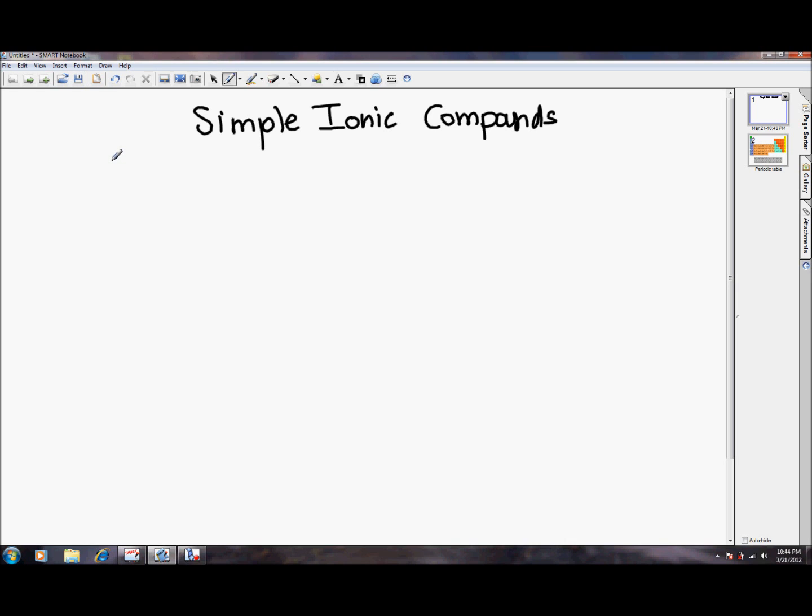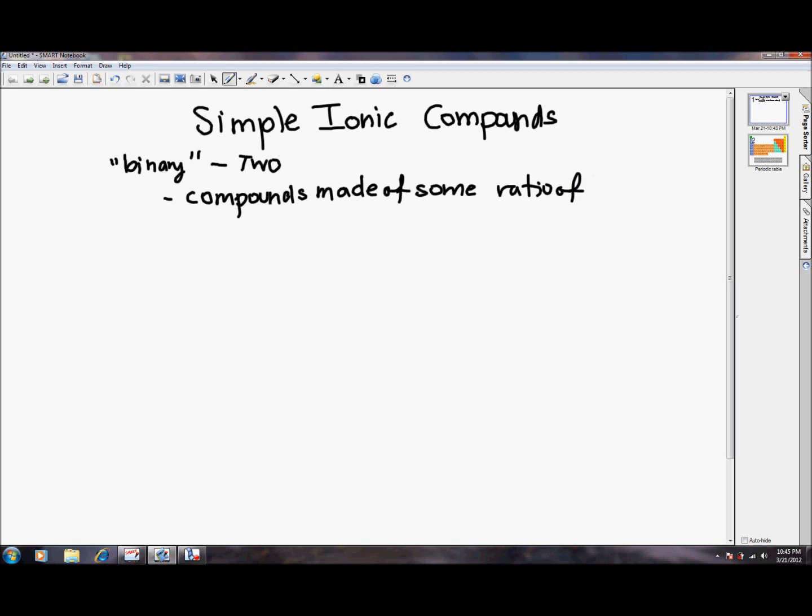The simple ionic compounds are a group of compounds that are often called binary compounds because the word binary means 2. These are compounds that are made of a ratio of 2 elements.